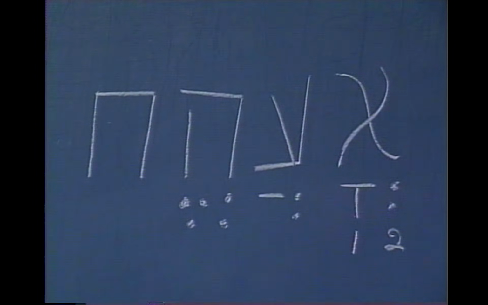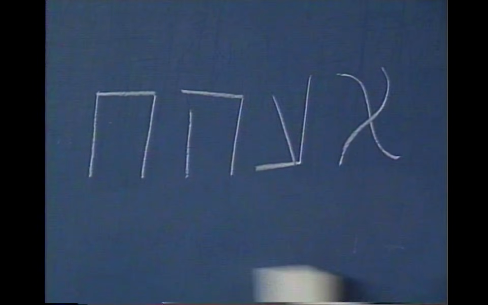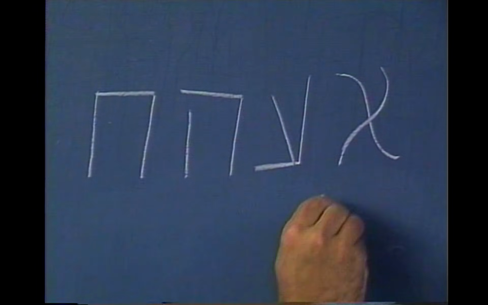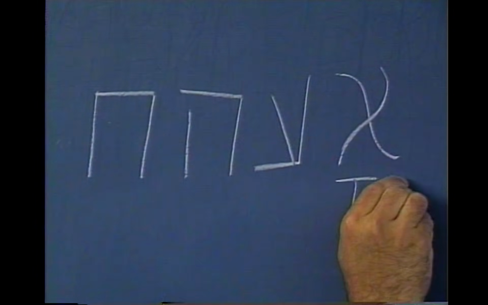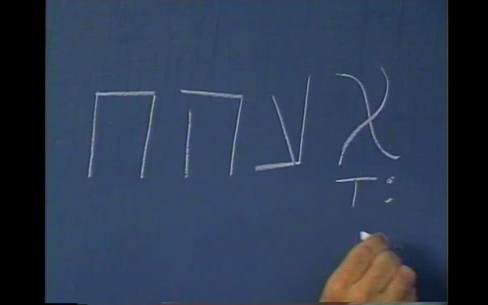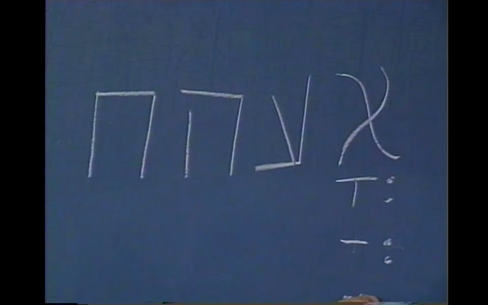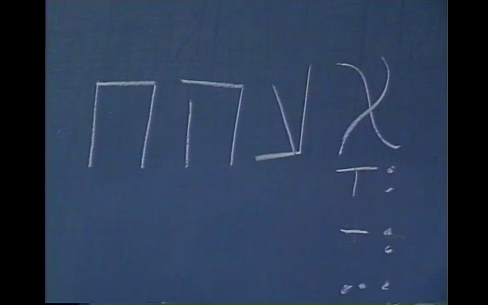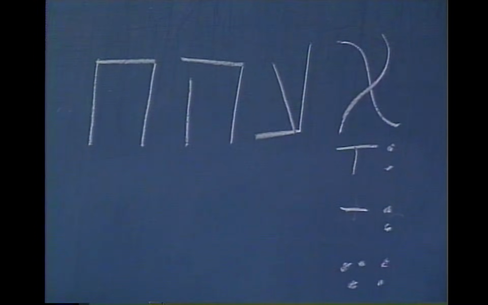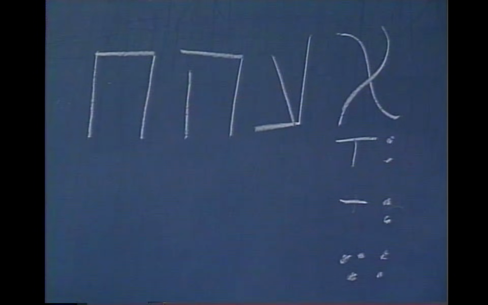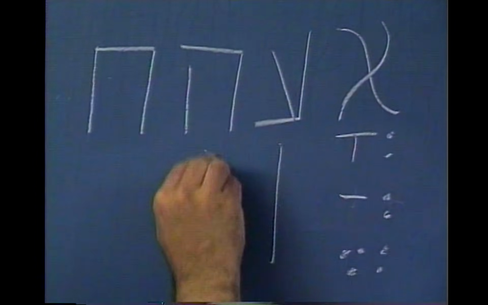Now understand that any of these 4 could have any one of these combinations. For example, the Aleph could have the Qamets and the Shavah, or it could have the Patach and the Shavah, or it could have the Segol and the Shavah. Any one of those could come underneath this letter, or this one, or that one.